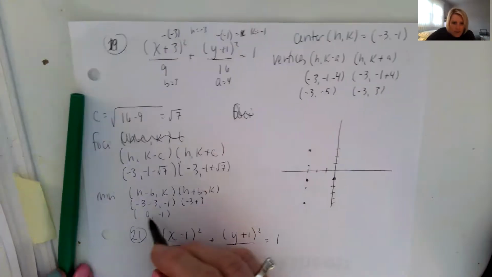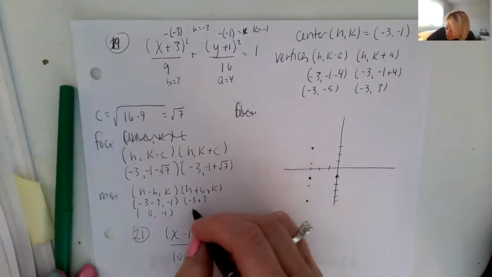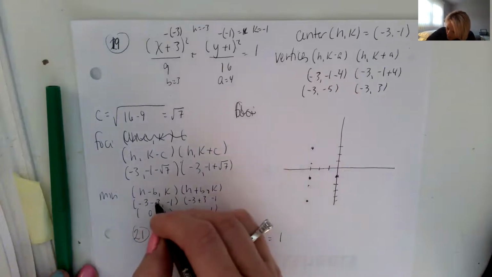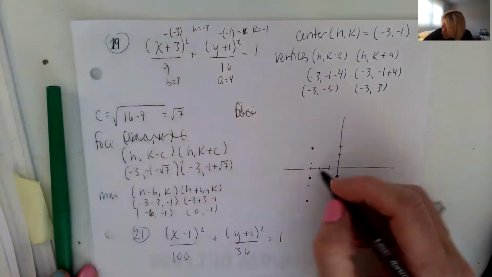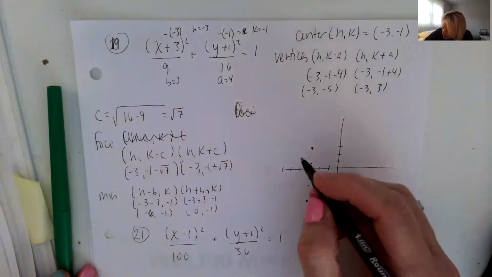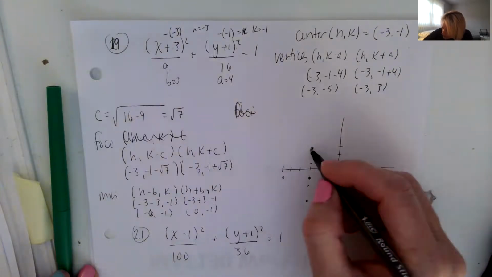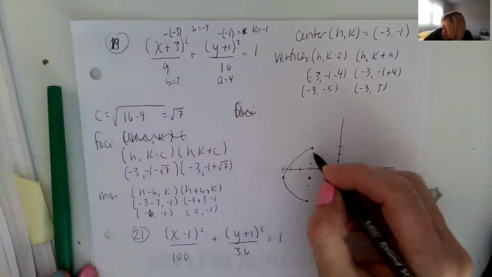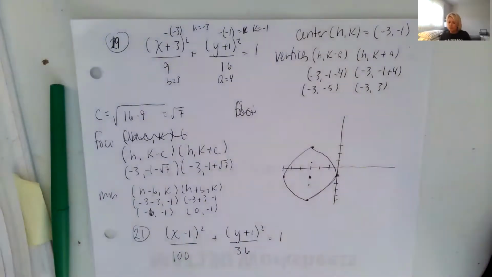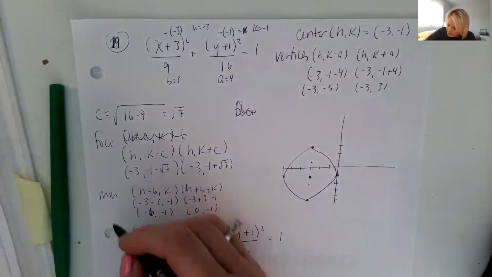Oops. This one is going to be 0 and negative 1. That was negative 3 minus 3 is negative 6. So negative 6, 1, 2, 3, and negative 1 right here. Shape like that. It looks like a box.